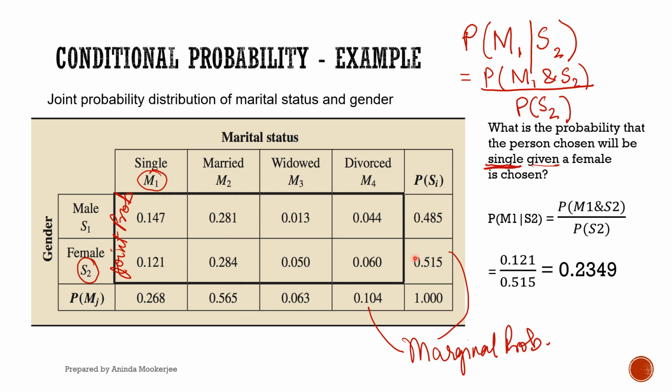It's all given here on this table. So the probability of M1 and S2 occurring together, here it is, M1 and S2. This is the value 0.121. So this is the value you should pick for the probability of M1 and S2 occurring jointly: 0.121.